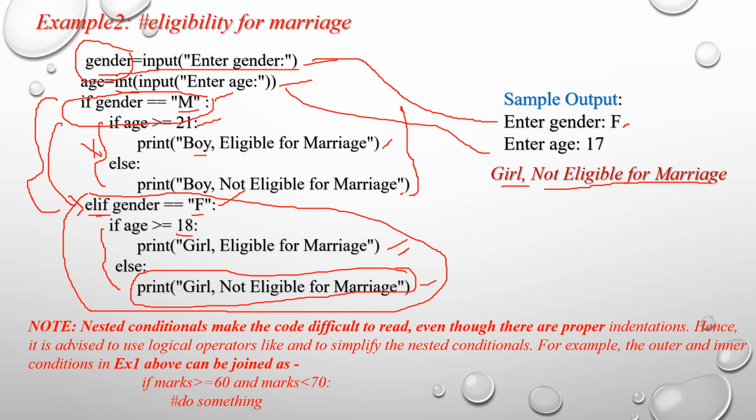In the first example we declared two conditions, marks greater than or equal to 60 and marks less than 70, using two if statements. Instead of two ifs, we can write it like this, which simplifies the nested conditionals.